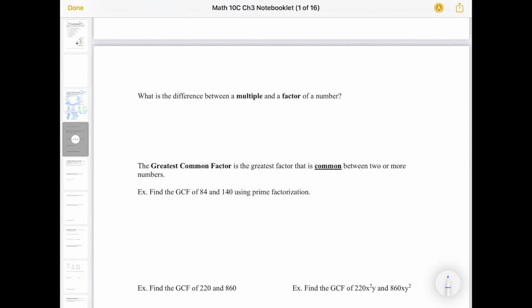So the difference between a multiple and a factor. Well, a multiple is going to be getting bigger. This is a bigger number. And a factor is a smaller number.